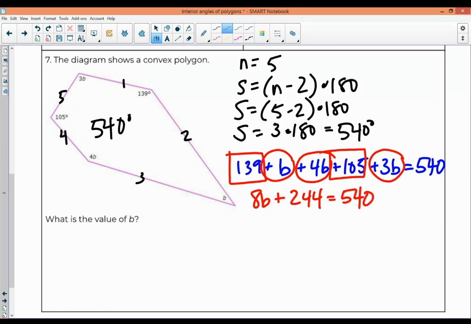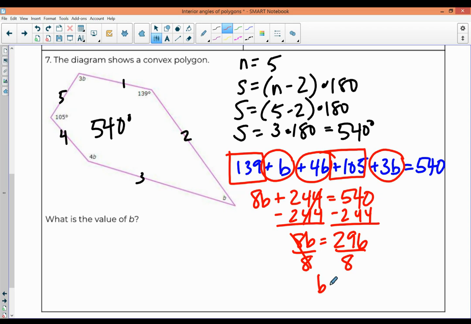And now I solve my equation by getting the constants on the other side. It leaves me with 8b on the left and 296 on the right. Divide both sides by 8. And then I get the value of b is 37.